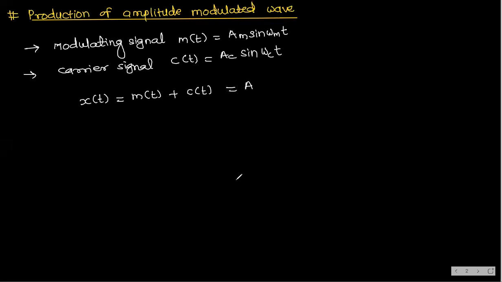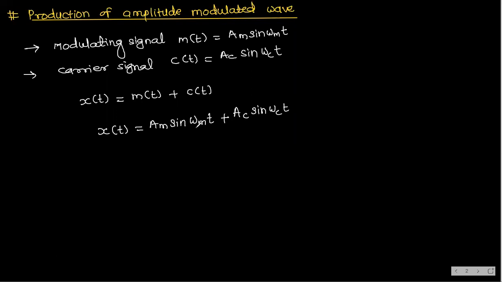Therefore x of t is equal to Am sin omega m t plus Ac sin omega c t.